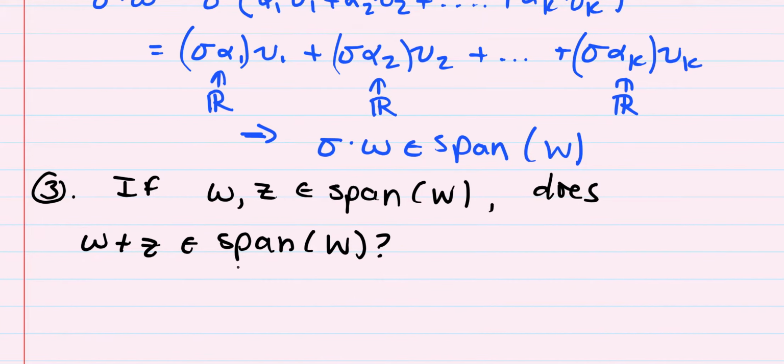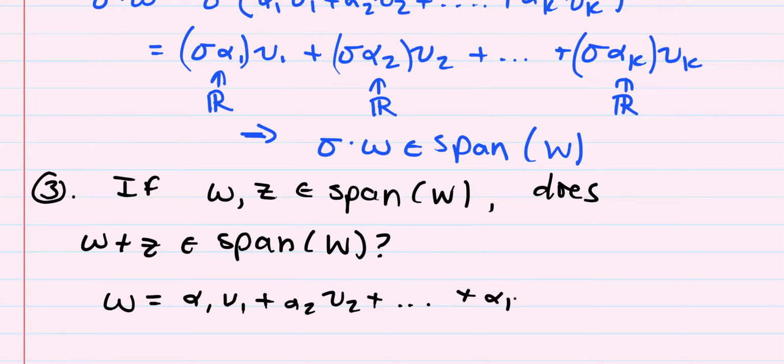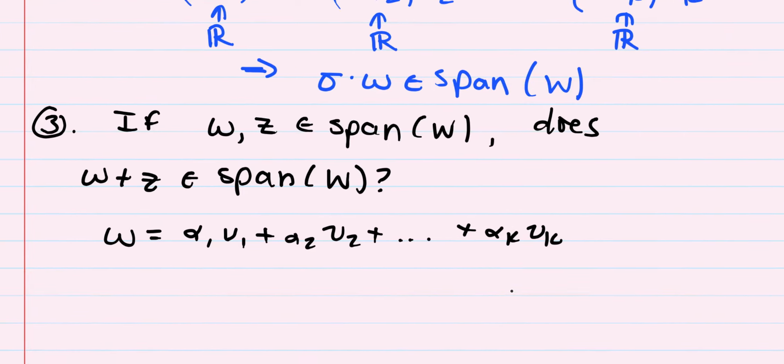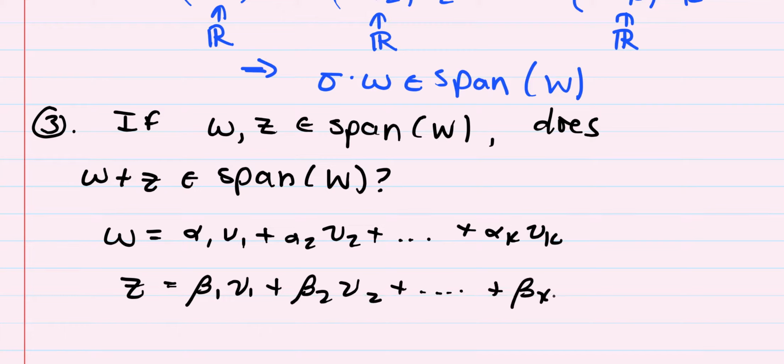Well, since W and Z belong to the span of W, we can write them as linear combinations of the vectors in W. So this is alpha 1 V1 plus alpha 2 V2 all the way to alpha K VK. And now we're going to say Z is beta 1 V1 plus beta 2 V2 all the way to beta K VK.